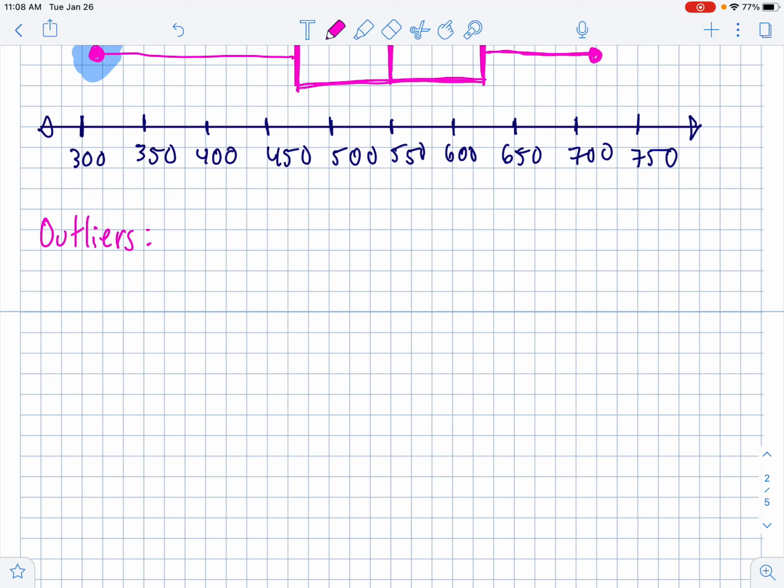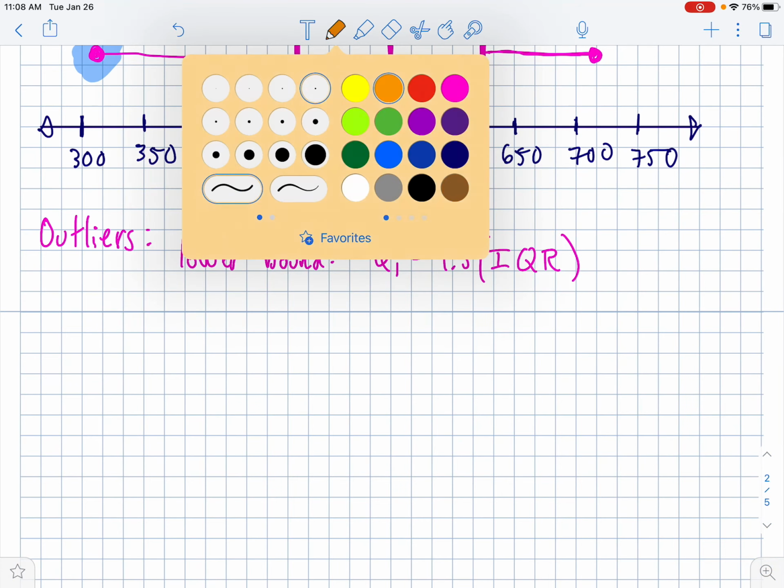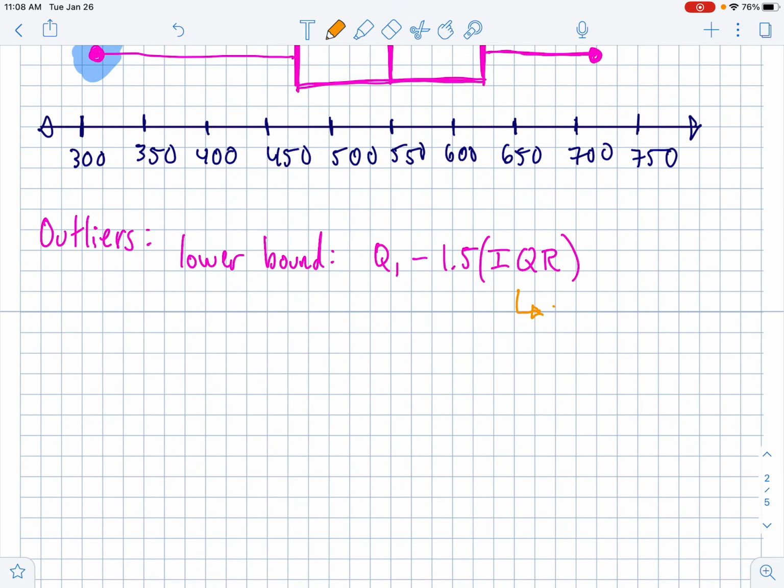If you want to figure out where the actual cutoffs are, there's these things called the lower boundaries and the upper boundaries. So the lower boundary is Q1 minus 1.5 times the IQR. Now, a quick note about the IQR. This stands for the inner quartile range.